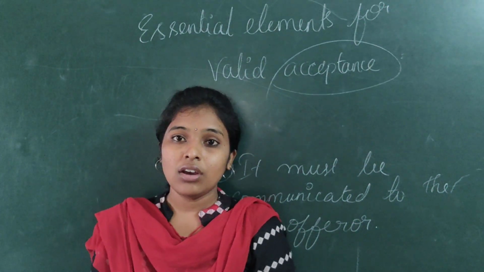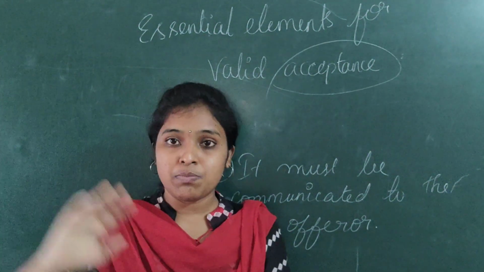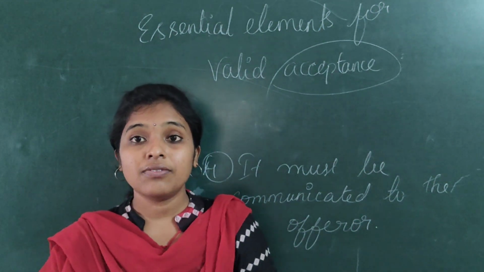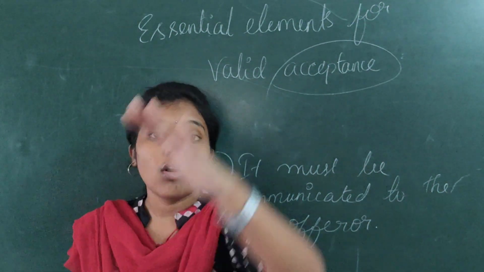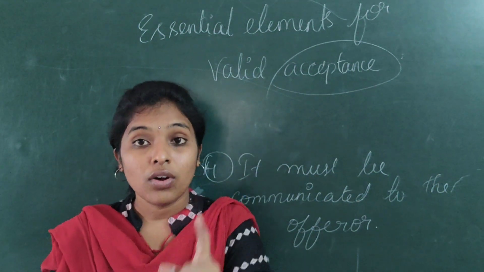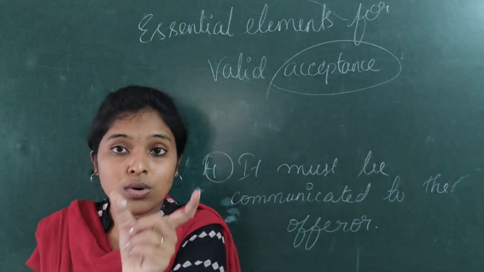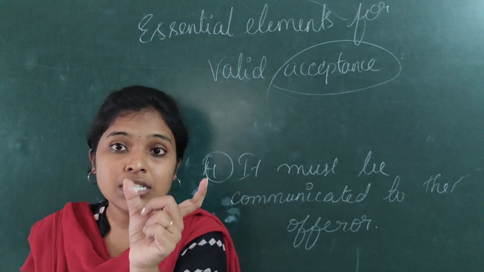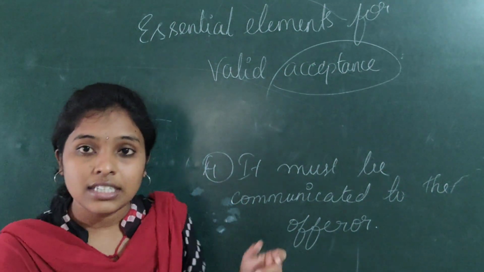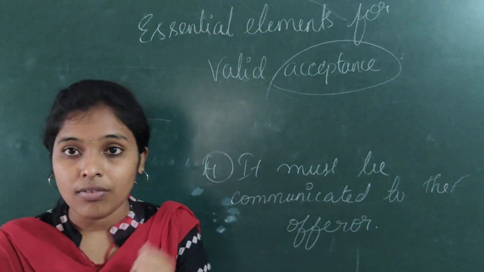So due to delay or some reason, he sold that house to some person X. See, here I will be waiting for his reply and he has already chosen the person and sold it. So it should not happen; the acceptor has to give a reply to the person who made the offer. So that is the meaning of it must be communicated to the offerer.